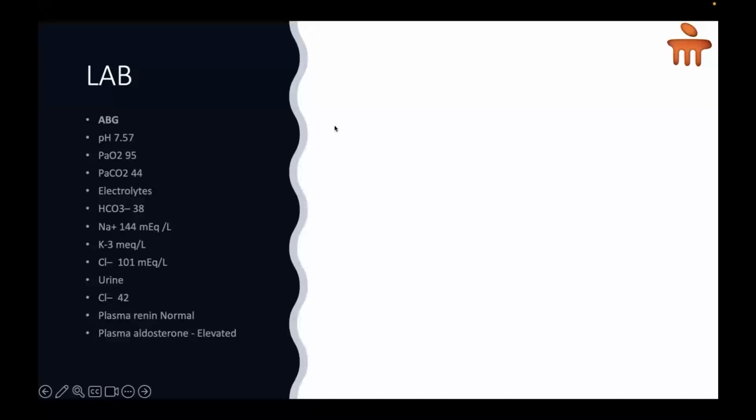Krishna: pH is 7.57, so it's alkalemia. Then bicarb is 38, so it's metabolic alkalosis.